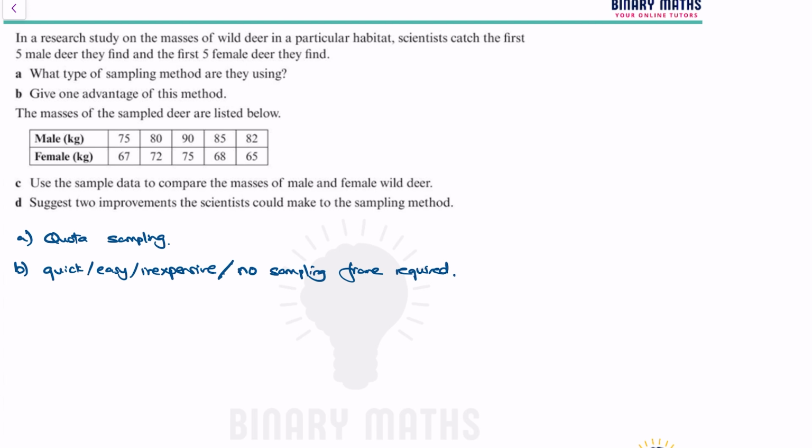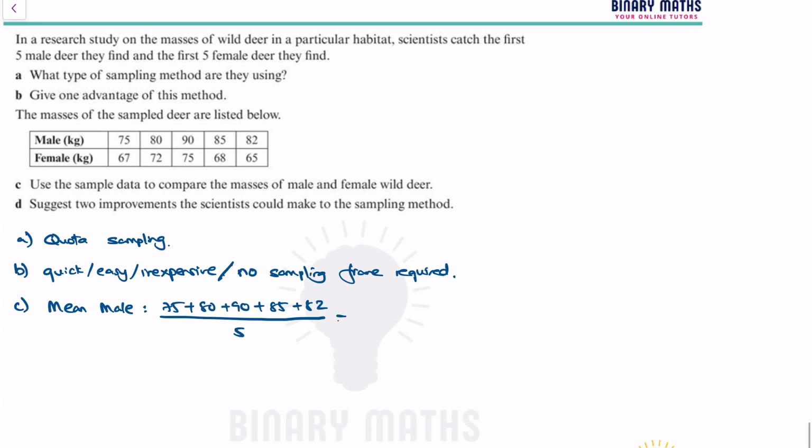Okay, the masses of the sample deer are listed below: male, female, and the masses. Use the sample data to compare the masses of male and female wild deer. So C will be the mean. For male, it will be 75 plus 80 plus 90 plus 85 plus 82 divided by 5 is equal to 82.4 kg.